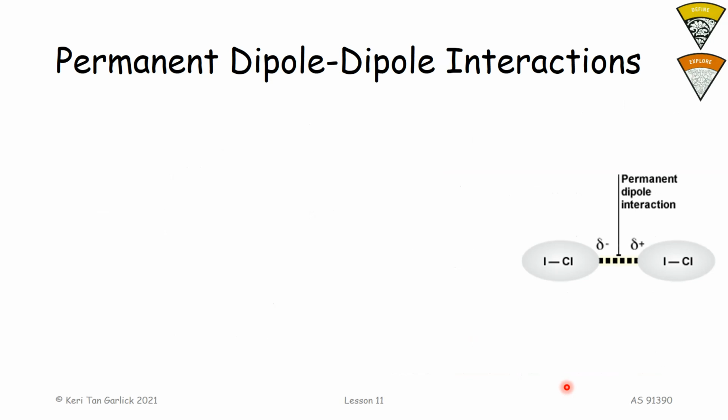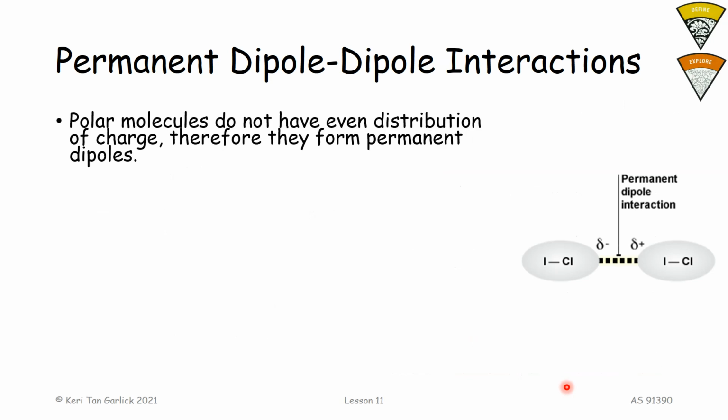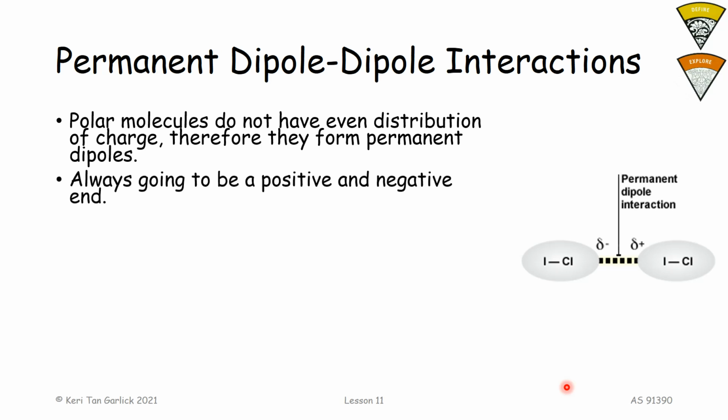Now let's move on to the permanent ones. These tie really well into what we were talking about with polar and nonpolar. So basically, permanent dipoles are what you'd expect. They are permanently going to have that unequal distribution of charge. And when we're thinking about unequal distribution of charge, we are thinking about polar molecules. This molecule will always have a slight positive and a slight negative end.